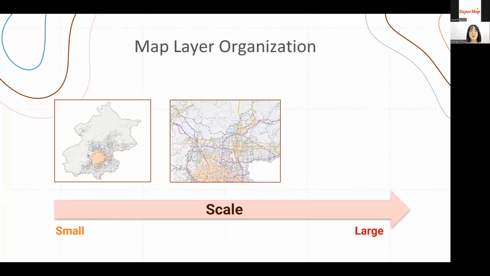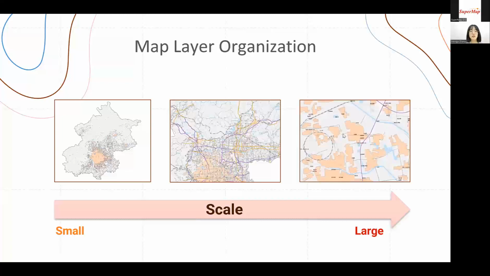And if we further move to a very large scale, at this time we're not only showing them all the features, but we can also make the labels for some of the features visible, so that they can get more detailed information.